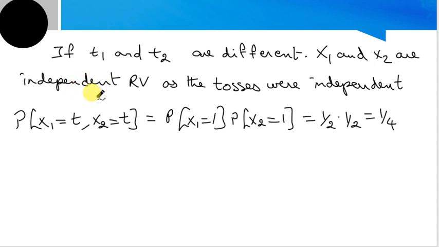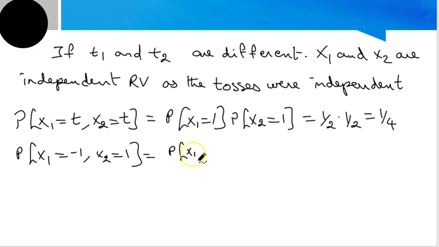Similarly, let us consider x1 is minus 1 and x2 is 1. Probability of x1 equal to minus 1 and x2 equal to 1. Again you can split this into probability of x1 equal to minus 1 into probability of x2 equal to 1. So this again will land up as 1 by 4.